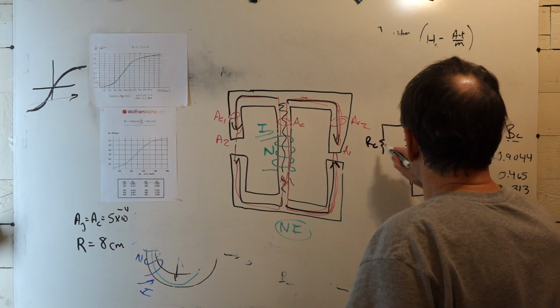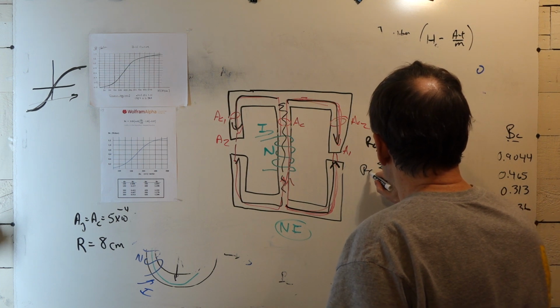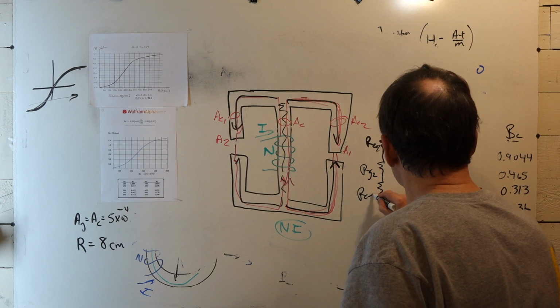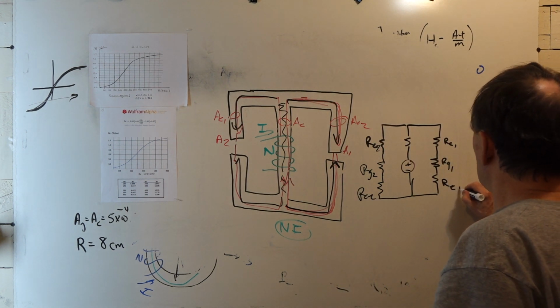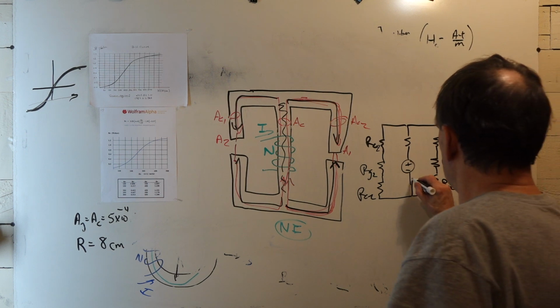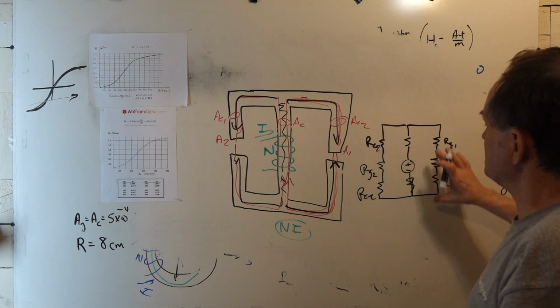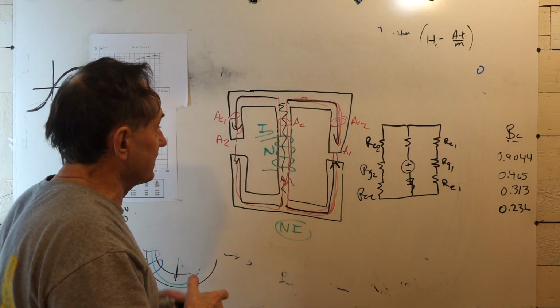Let's call this 1, let's call this 2. Resistance in the gap 2, and then more in the core here, resistance in the core 2. This would be resistance in the core 1. And then a resistance here in the center leg. So you have a series parallel network, and it's the same thing with the magnetic circuit.